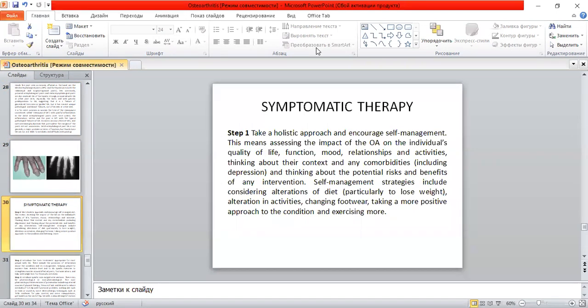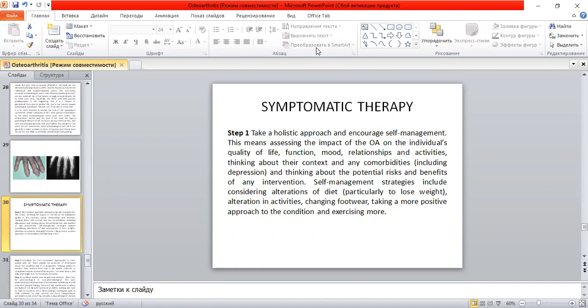Symptomatic therapy. Step 1. Take a holistic approach and encourage self-management. This means considering the impact of the osteoarthritis on the individual's quality of life, function, mood, relationships and activities, thinking about the context and any comorbidities, and thinking about the potential risks and benefits of any intervention.